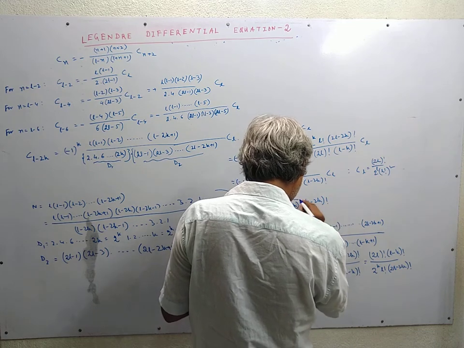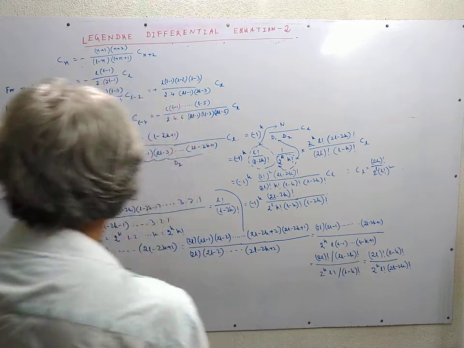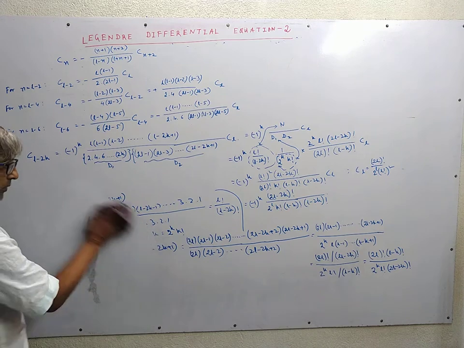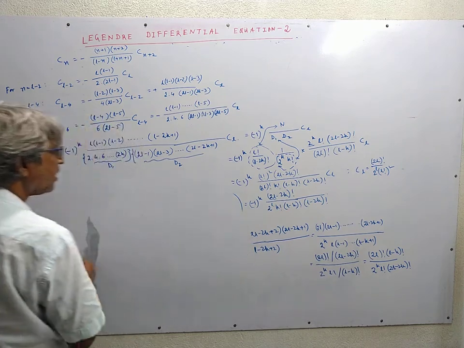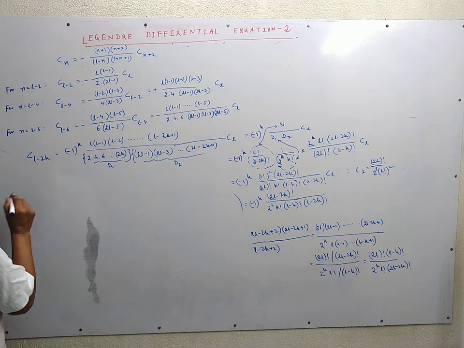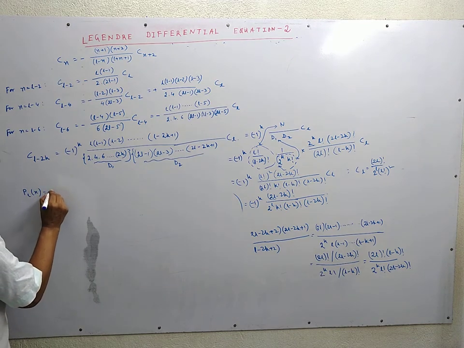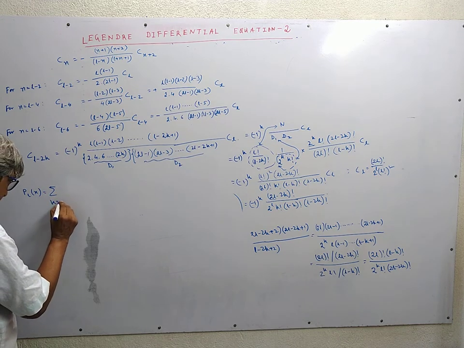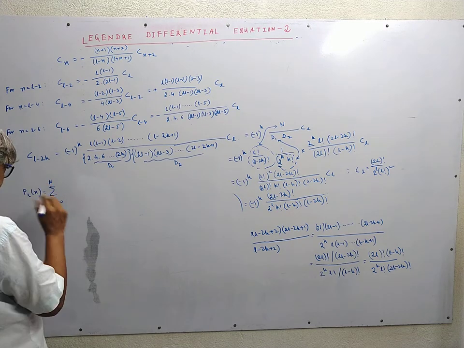And so with this choice, the polynomial solution becomes P of L of x, sum from zero to capital N. I am defining capital N.